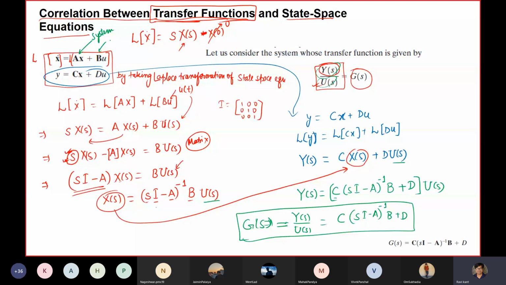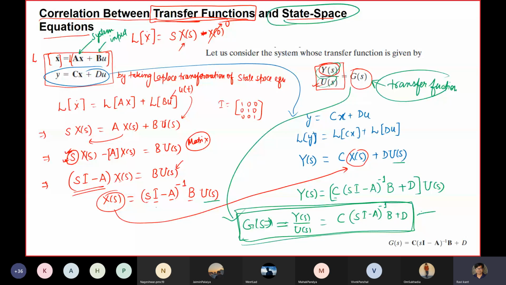This can be written by this formula, and in MATLAB you just have to multiply your C matrix, your measurement output matrix, by (sI minus A) inverse multiplied by B, plus D. You have to do that, and you get the usual transfer function. So you can switch back and forth at your comfort. Okay, this is what is written over here.